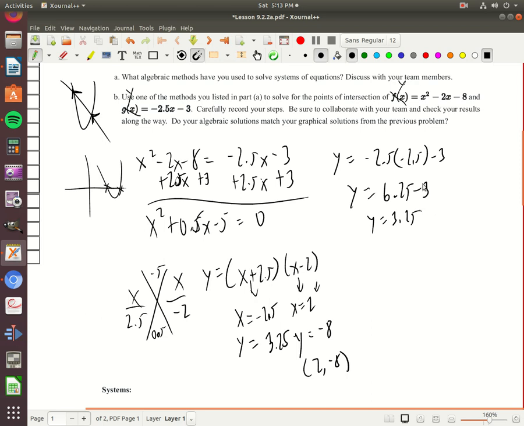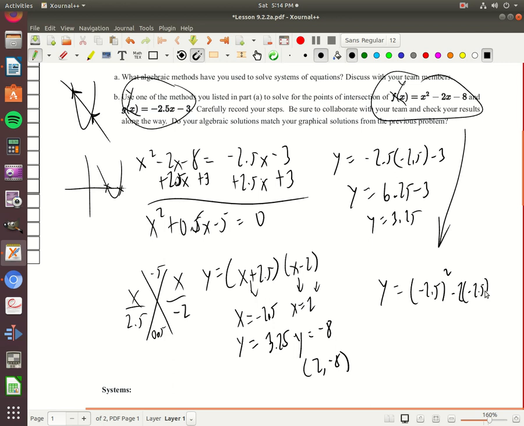But what I need to check is plugging in this negative 2.5. I know what I get when I plug it into this one, but I also need to plug it into this to see that it confirms. So I will plug it into both. y equals negative 2.5 squared minus 2 times negative 2.5 minus 8. Again, negative 2.5 times negative 2.5 is positive 6.25.